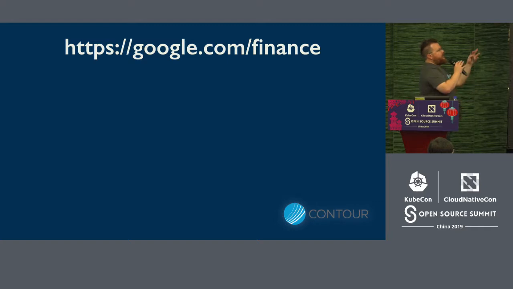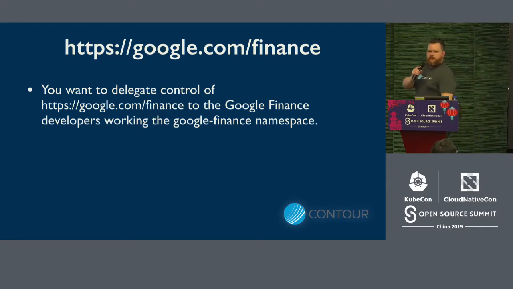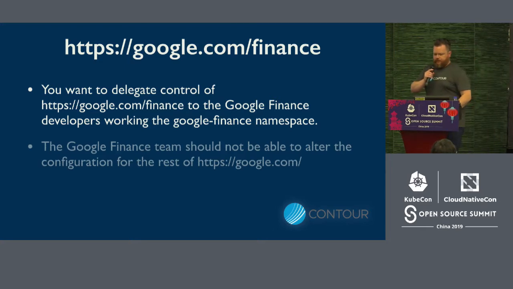So again, this is a totally made up company. And so you are the Kubernetes administrator. These are the problems that you've been asked to solve. You want to delegate control for the finance route, /finance, to the Google Finance developers who are working over there in the Google Finance namespace. So any traffic for finance and below should be going to the applications in the Google Finance namespace.